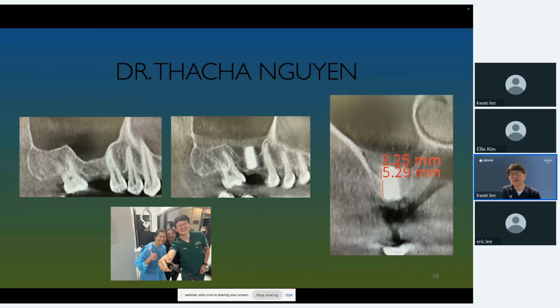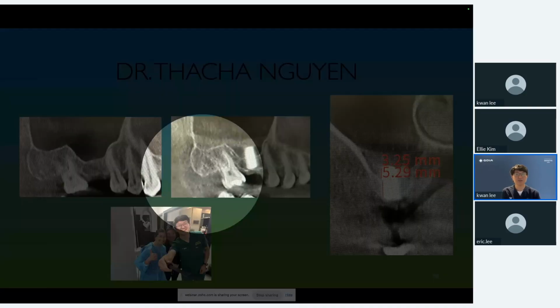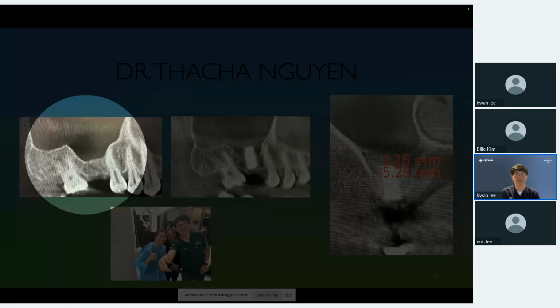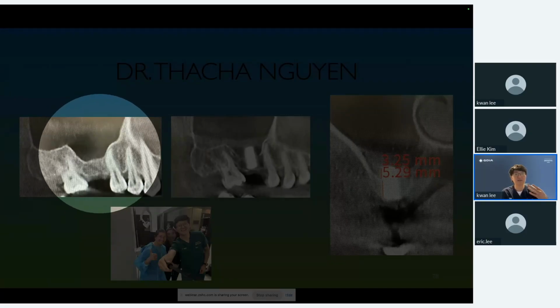This was her second case. This is a pre-op. She had a good amount of residual bone height. You could do a traditional crestal approach here, but you can convert that and practice it closed chamber.